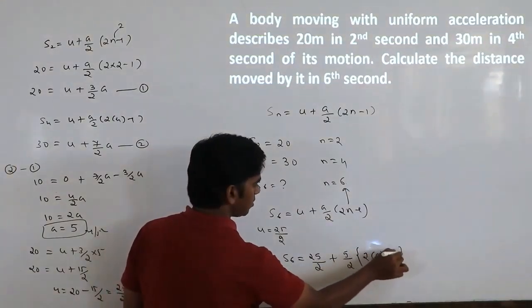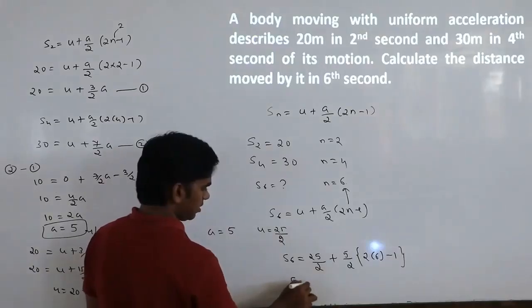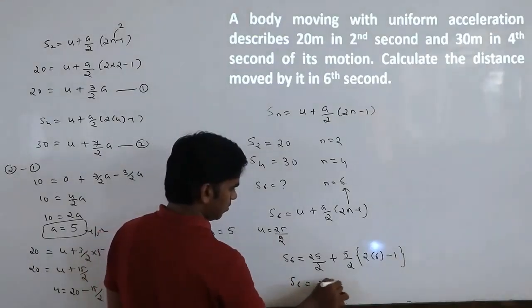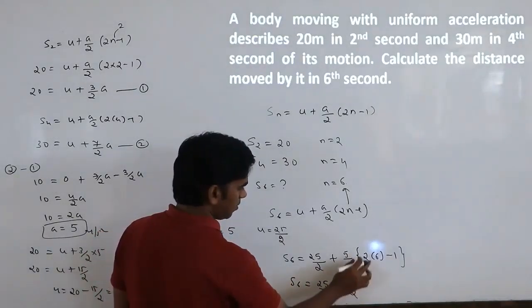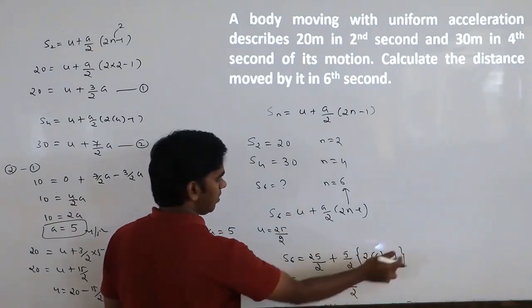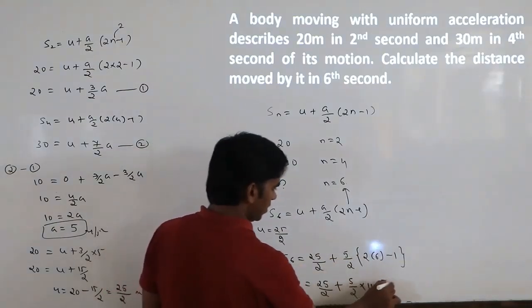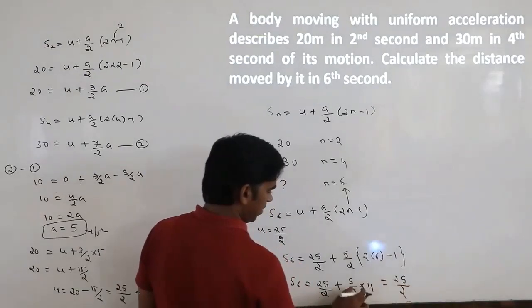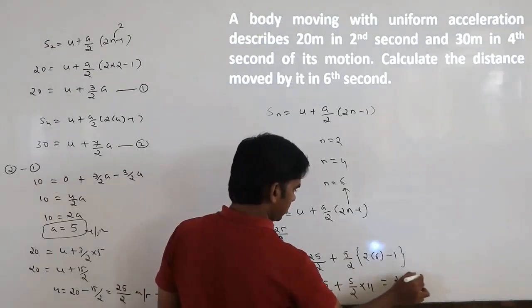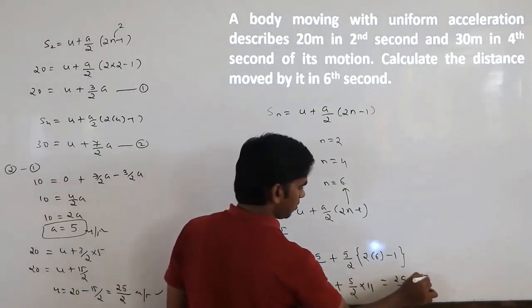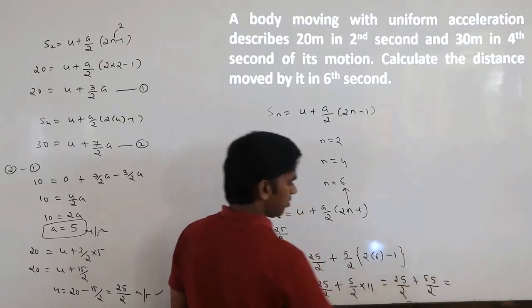So S6 equals 25 by 2 plus 5 by 2 into (6 twos are 12, 12 minus 1 is 11). So 25 by 2 plus 55 by 2.